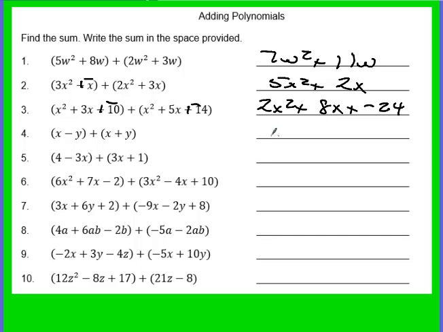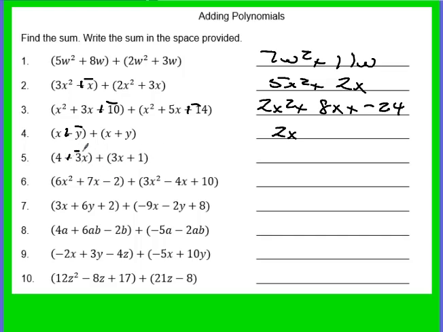Now sometimes crazy things will happen, like on this one right here. I change this one right here. My x and my x go together to make a 2x, but what happens with my negative y and my y? Well, they make 0y. That'd be kind of silly if you did 2x plus 0y. It's just 2x. So sometimes things may go away. Kind of like on this next one here.